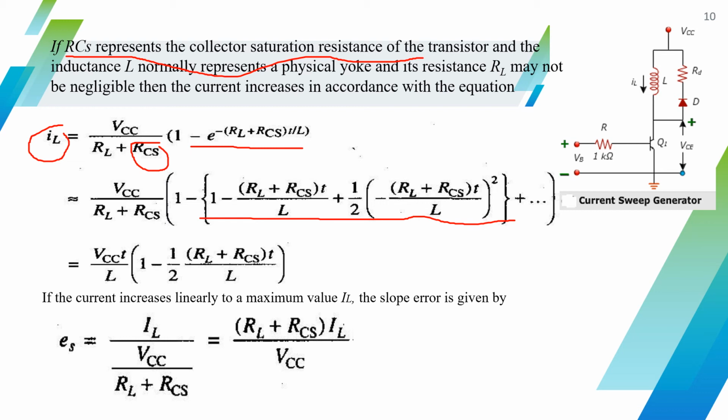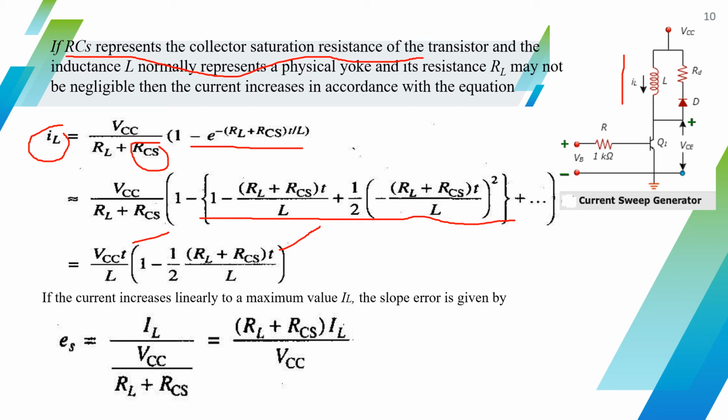So only this term you can consider. This is a function of time only, some constant multiplied by time, which represents a sweep waveform. In this way we can generate a current sweep waveform across the inductor.